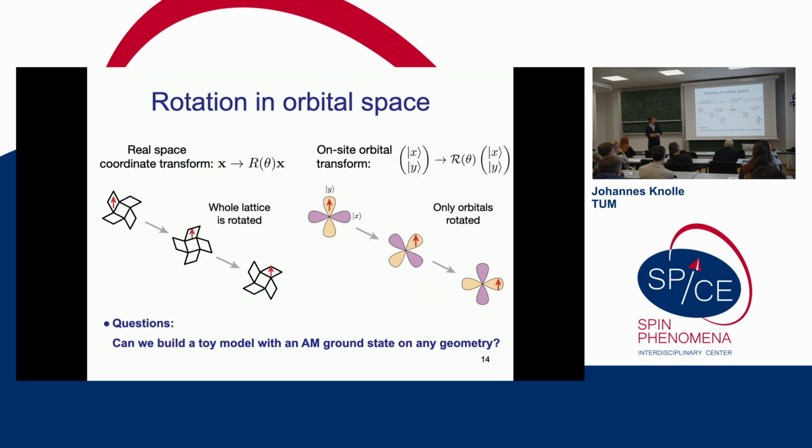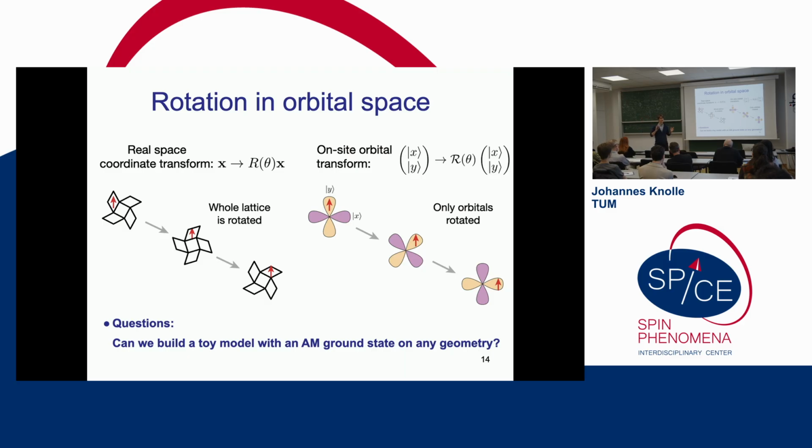But then if you have a Q equal to 0 altermagnet, you might also think about slightly different real space rotations. So we've seen the standard real space rotation where we take the whole crystal and rotate it, but we can also just think of our orbital space and rotate the orbitals independently from that. So instead of spin space groups, if you want, there's a spin-orbital space group.